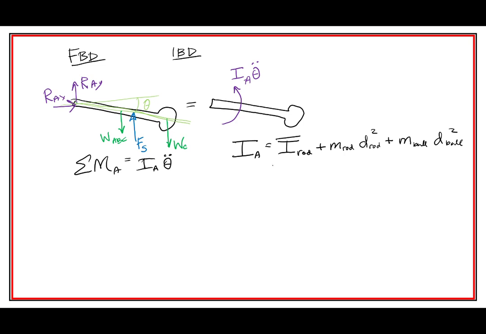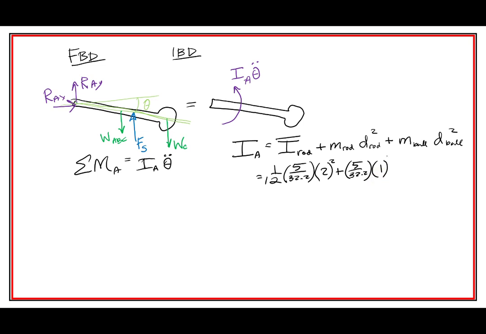It didn't tell me the diameter of the thing, so this will be 1/12. Rod is 5 pounds over 32.2, its length is 2 feet, squared, plus we have to move it. So it's 5 over 32.2, and the distance we have to move it is 1 from its middle, because that's the center.